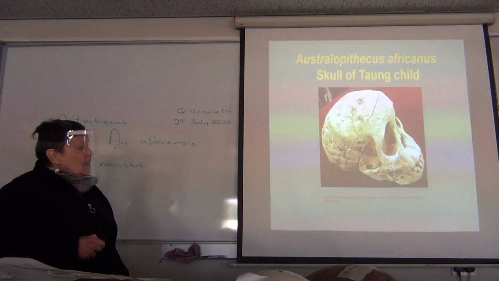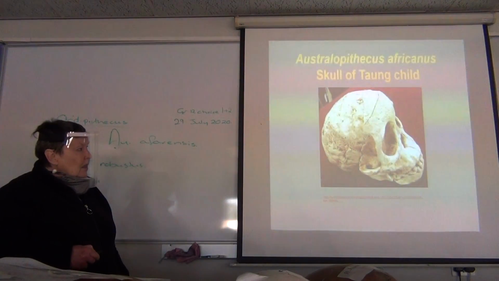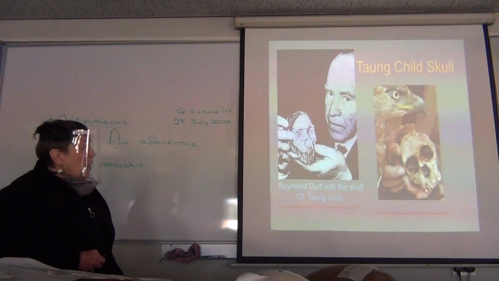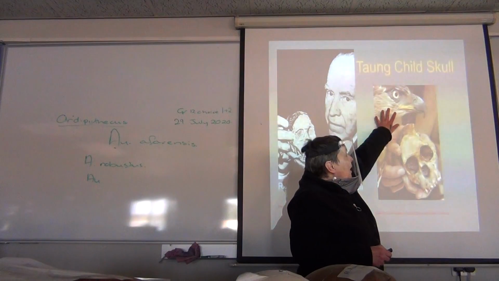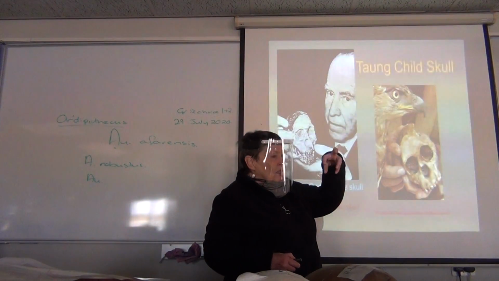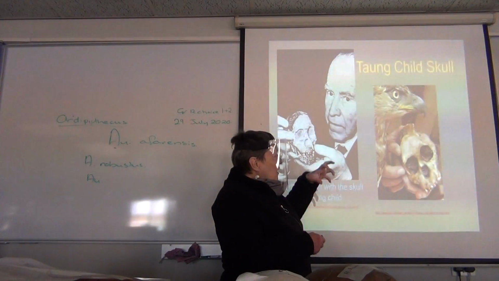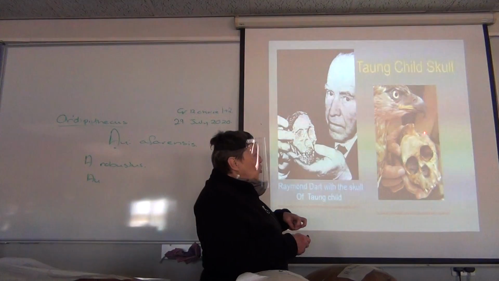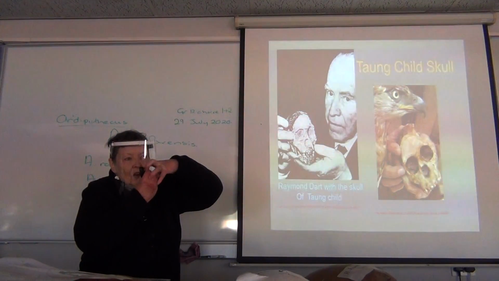So this is the actual fossil of the Taung child, Australopithecus africanus. As I said, it's got big holes in the skull. A little while ago, somebody said, you know what those holes are? It's an eagle's talons. They took a stuffed eagle and held it over the skull and showed that the talons would fit perfectly into those little holes.